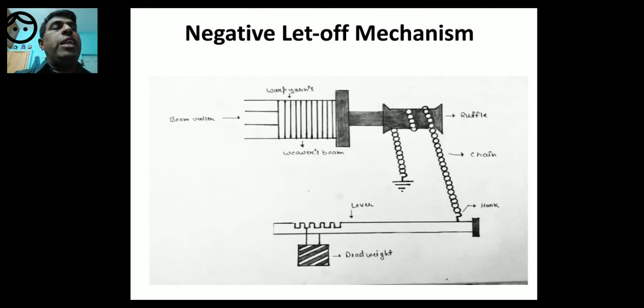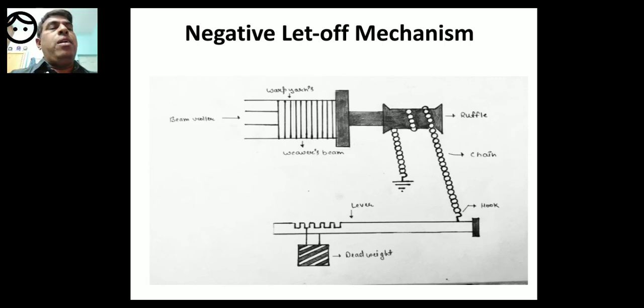The dead weight can be 1 kg, 2 kg, 3 kg, 4 kg, 5 kg, 10 kg. So by decreasing the amount of weight on the long lever, the tension can be varied, and that is one point. By decreasing the amount of dead weight, that is the first point.